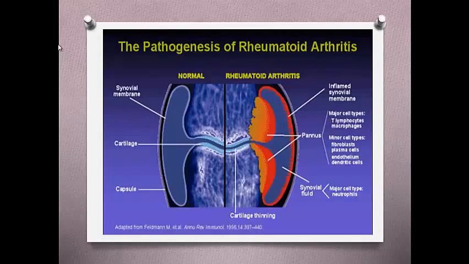The pannus formation, there's a picture of it. The pannus formation looks like vascular granulation tissue. So you can see in the picture there the inflamed synovial membrane and then the pannus formation. So this pannus has a destructive effect on the adjacent cartilage and bone.